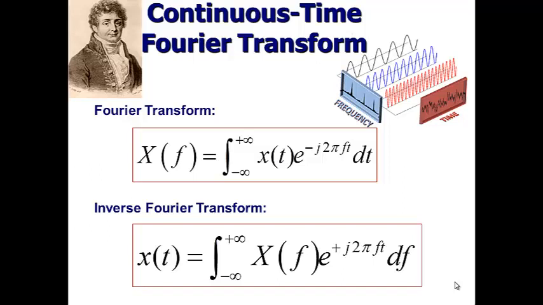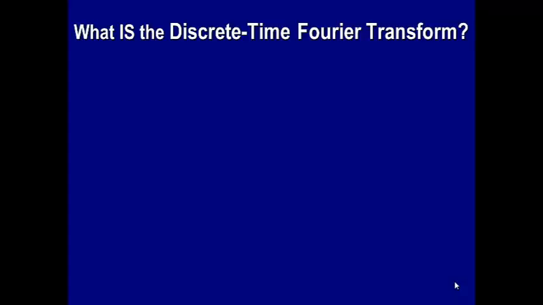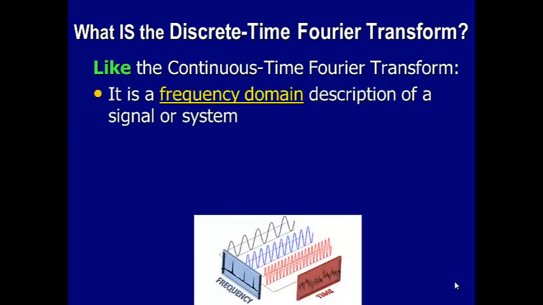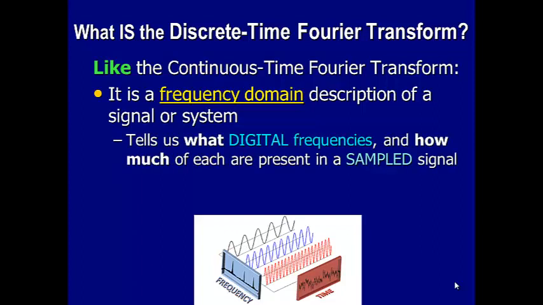We want to adapt that to our discrete time version. Well, what is this thing? The thing we're going to come up with is very much like that continuous time Fourier transform. It's still going to give us a frequency domain picture. It's going to answer questions like how much signal is there at a given digital frequency in our sampled signal, not a continuous signal.